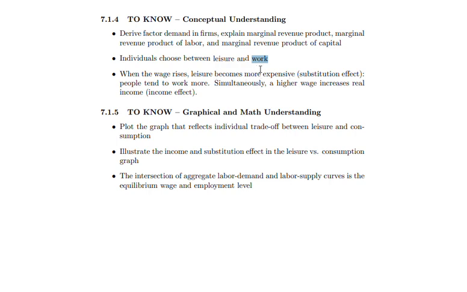If you take more leisure, you basically lose more because your opportunity cost rises, so you should have less leisure. So it's the substitution effect: people tend to work more. Simultaneously, a higher wage increases real income.